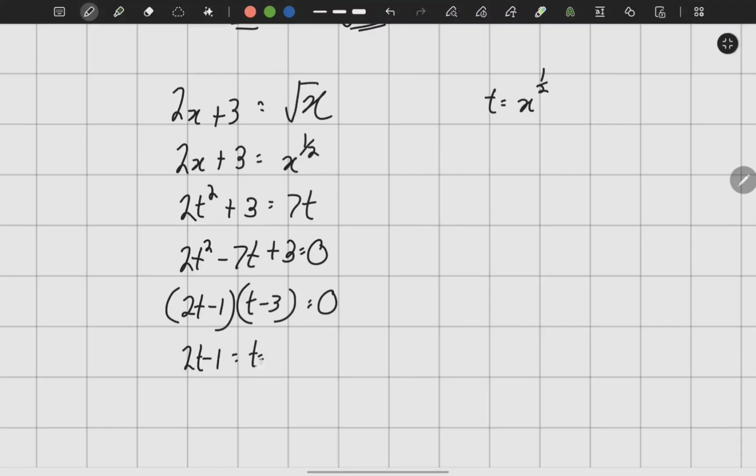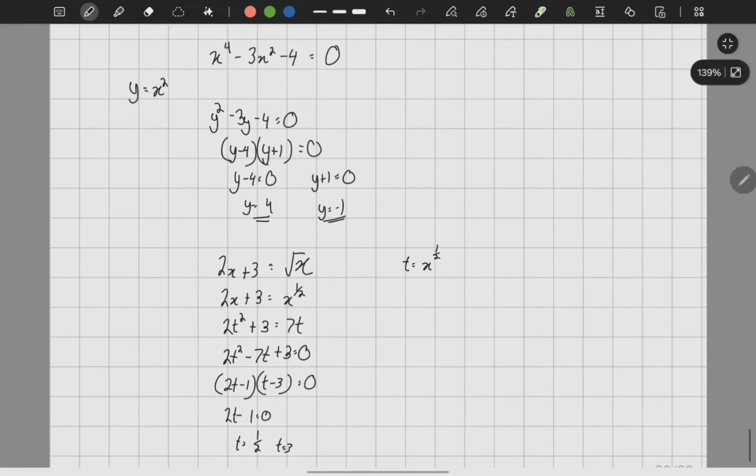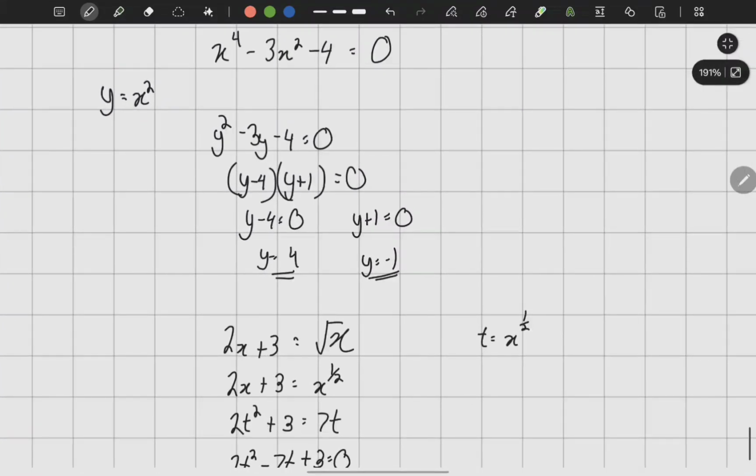So yeah, okay. Now we can just solve this. t would equal a half, or t would equal 3. Oh yeah, and one more thing I forgot for this first one. We found y, but we never found x. Here x would be plus or minus 2.